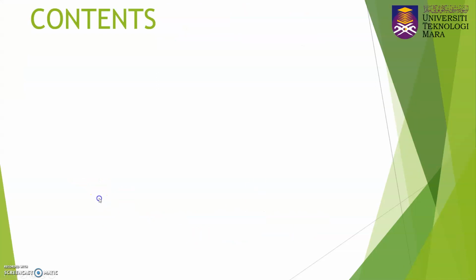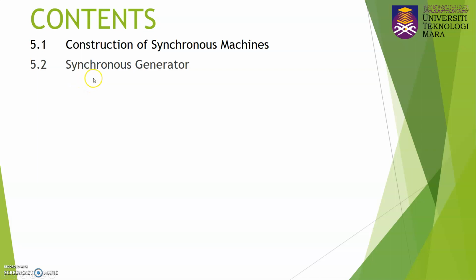Okay, so let's move to the list of contents that we are going to cover in chapter 5. First of all, we are going to see the construction of the synchronous machine. We are going to go through a brief introduction on the synchronous machine, and then we are going to see the structure of the synchronous generator.